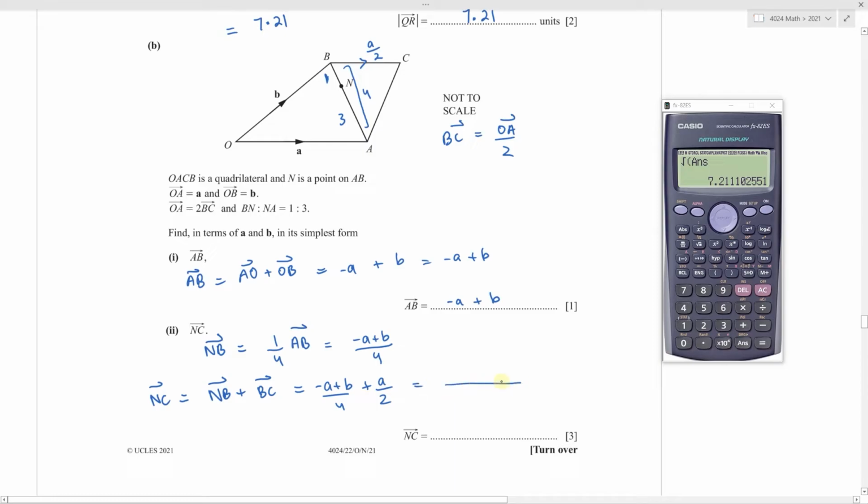LCM will be 4. Minus A plus B as it is, so this will become 2A. So 2A minus A will be A. So A plus B over 4. Or if you want to separate it out, you can also write it as 1 over 4 A plus 1 over 4 B. Both answers are correct.